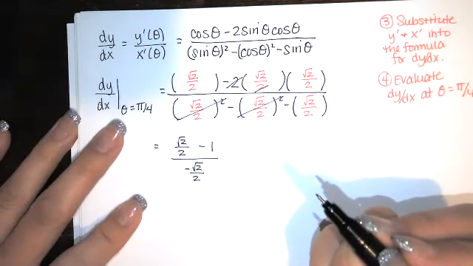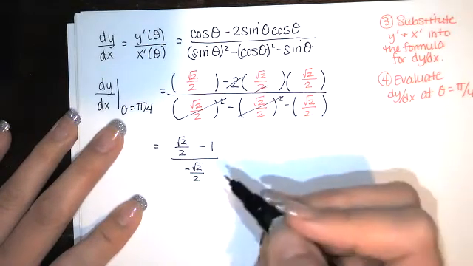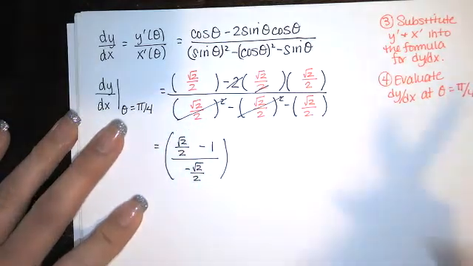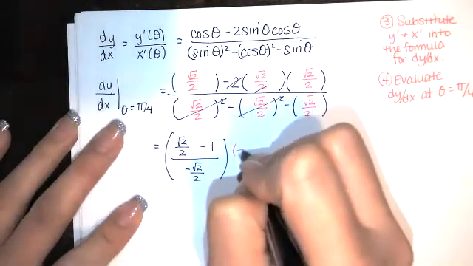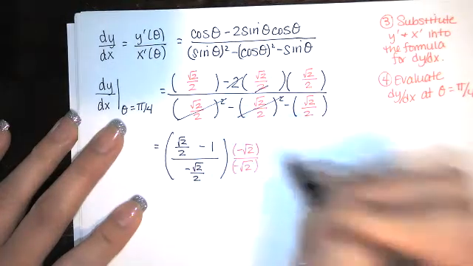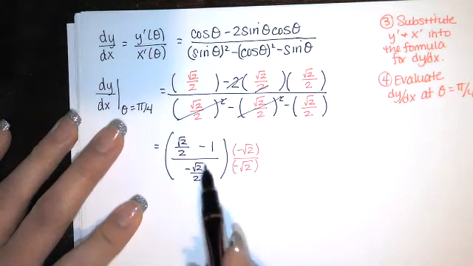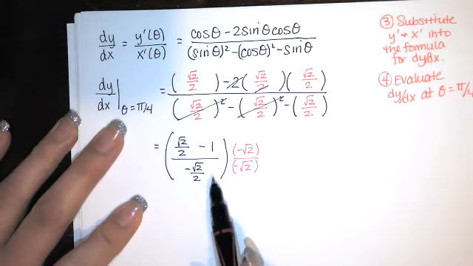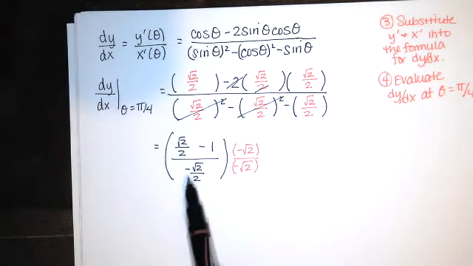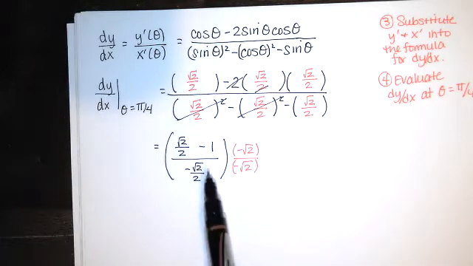Yes, we could multiply everything by square root of 2 over, or negative square root of 2 over negative square root of 2. I made that choice because I wanted this denominator to simplify to a 1. And a negative times a negative would make that a positive, and root 2 times root 2 is 2, so I'd have 2 over 2, which is 1.